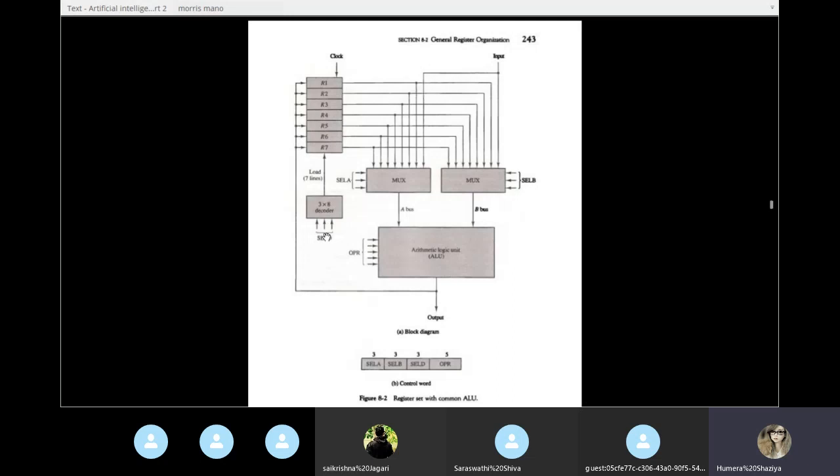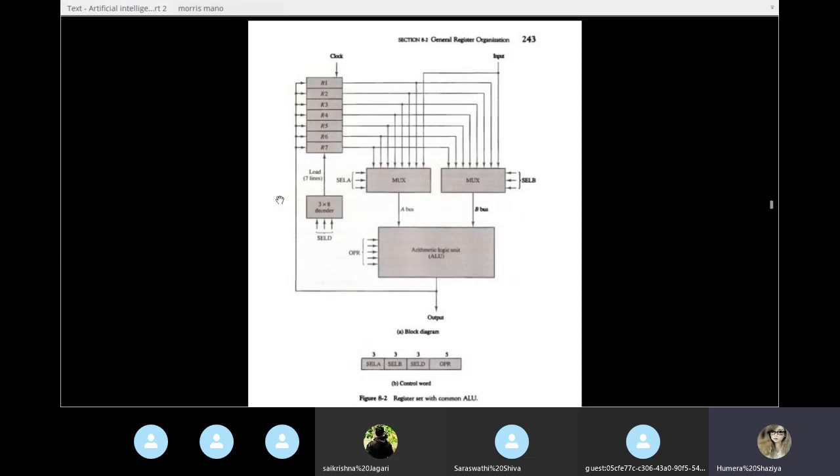Actually this is not selection lines, it is input, three inputs, and you get 8 outputs in a decoder. The output of ALU goes to any one of these registers, R1 to R7.